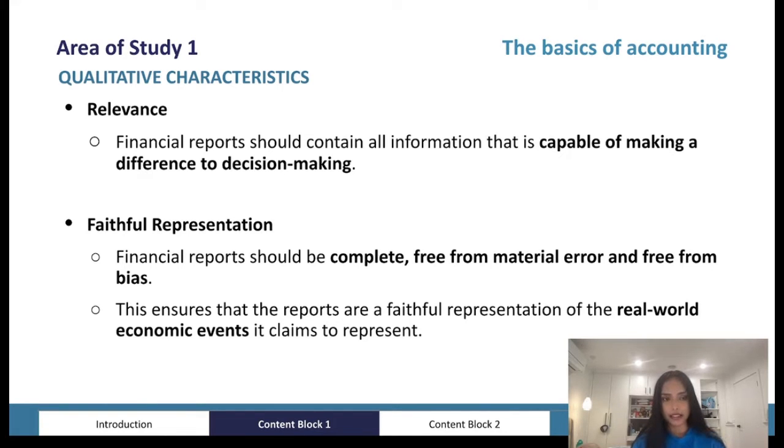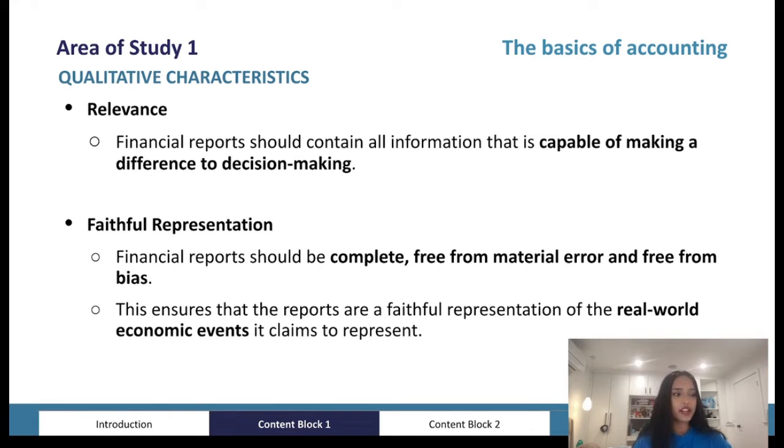Just memorizing the terms and memorizing the definitions is such an easy way to get marks. And you also save a lot of time by having it memorized. You don't have to be in the exam thinking about, oh, what was that characteristic, or what was that definition. So it's super, super important that you start from now memorizing these terms and definitions. Okay, but anyways, so the 6 qualitative characteristics.